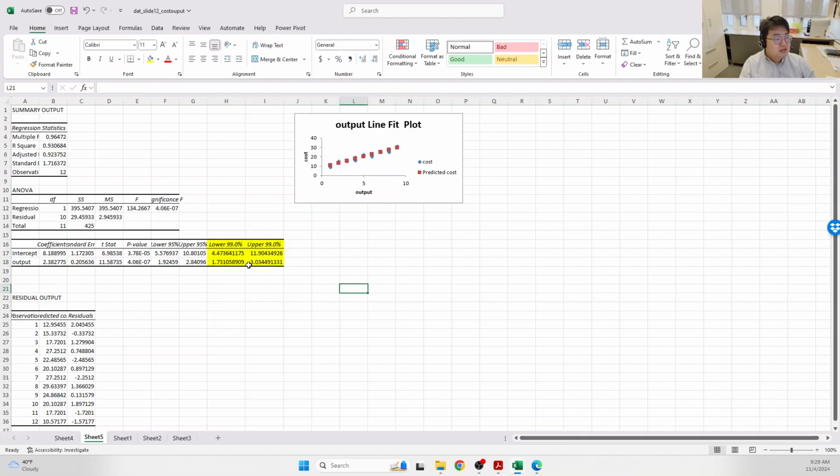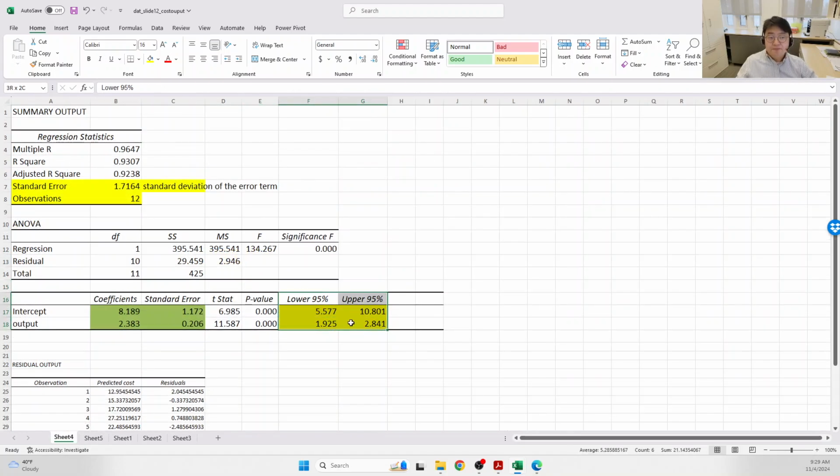So if you want a confidence level other than 95%, you can specify it in the option. But usually 95% is our standard, and when you say confidence interval without specifying the confidence level, then you have to use these numbers. That's the standard.